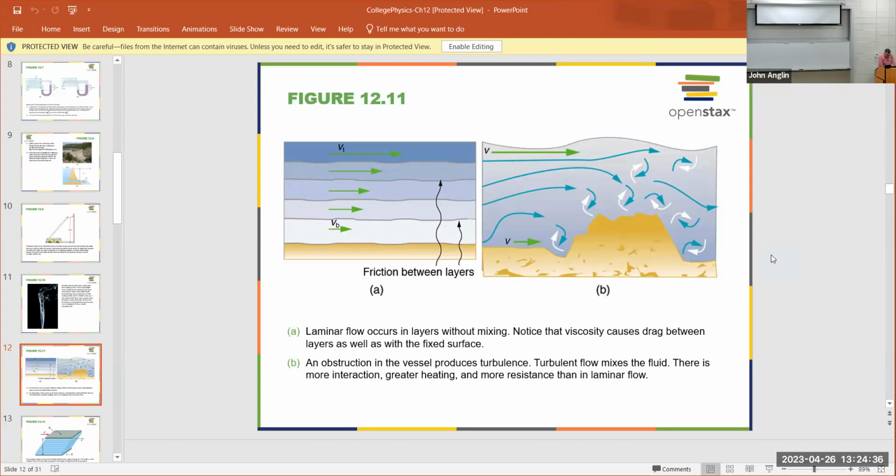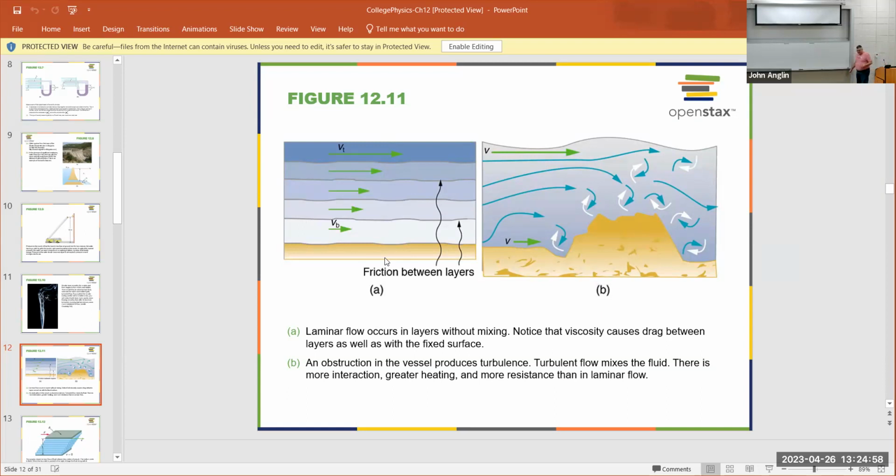This is another great example of laminar flow. So if we have laminar flow, let's say that in section A here, this is maybe water flowing over a riverbed. And it's going to have different layers. Now, these layers are going to be separated usually by some density.